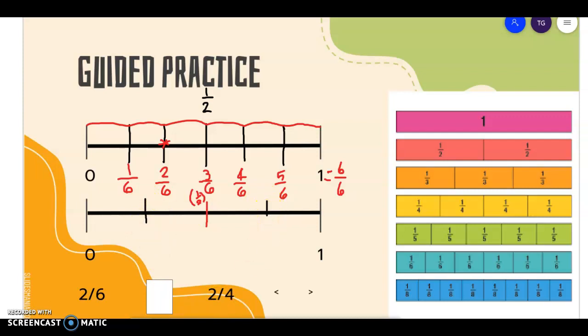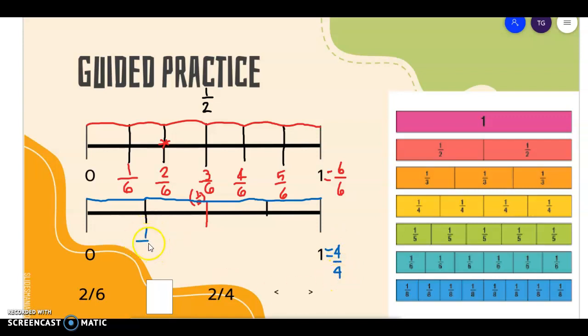And now I'm going to use my fraction bars to make sure that I have partitioned my number line into 4 equal parts. So I have 1, 2, 3, 4. So I have 4 equal parts. And I am now going back to label my number line.